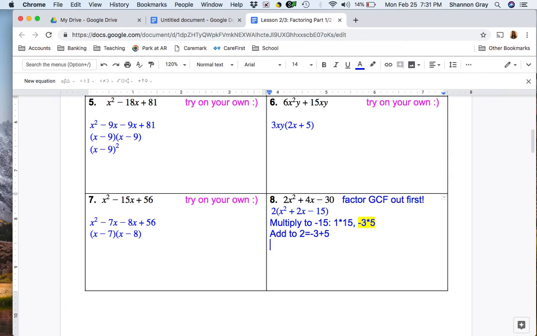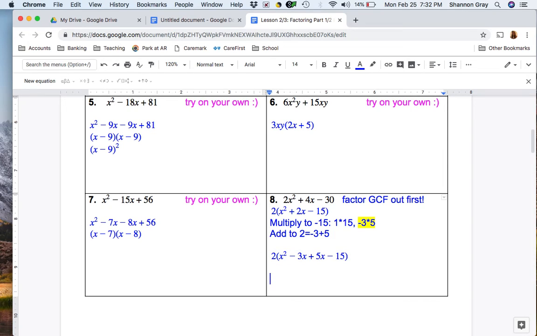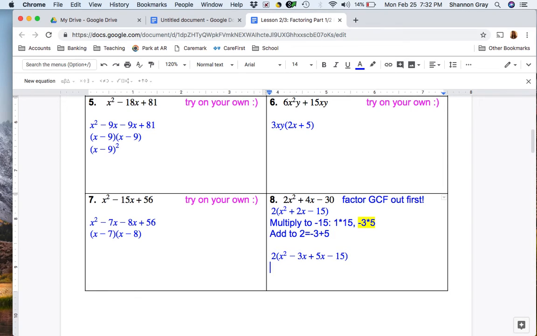All right, so I'm going to use my factor by grouping here. So I still have that 2. That 2 has to stay with me the whole time. And now I'm just going to break apart that 2x right here as -3x plus 5x, and then I have my minus 15. And I'm going to keep going. So again, that 2 is still out there.